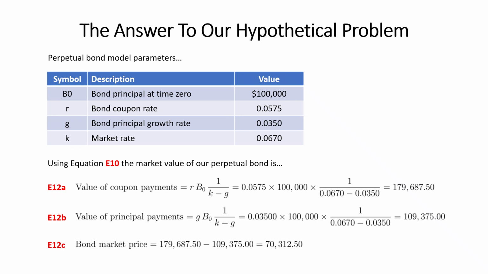So the value of all those principal payment checks that we have to write to the issuer is 109,375.